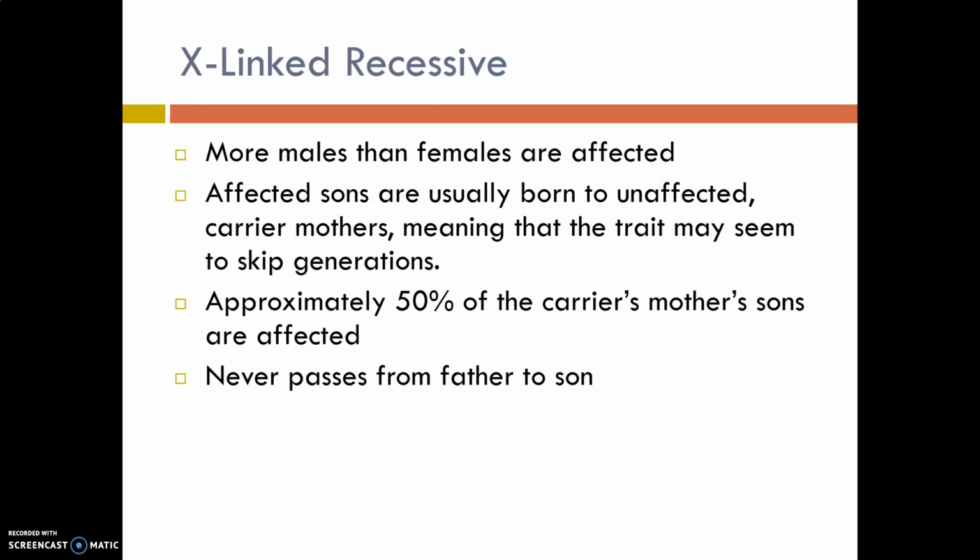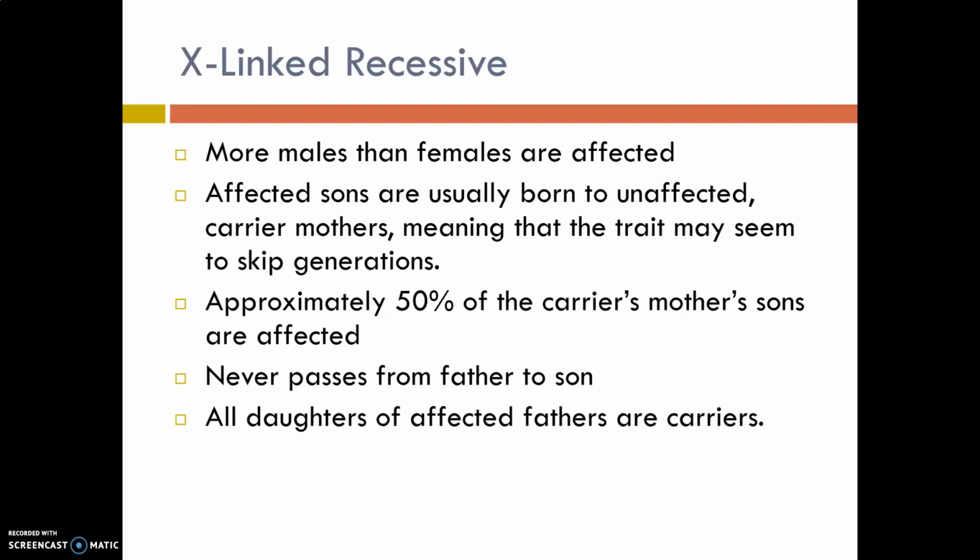And this one is super important to identify an X-linked recessive. You are never, ever, ever going to see an X-linked recessive pass from father to son. So if you are thinking X-linked recessive, you cannot have anywhere on that pedigree a father passing a trait to a son. In addition, these last two bullet points here are probably the most important in identifying an X-linked recessive.